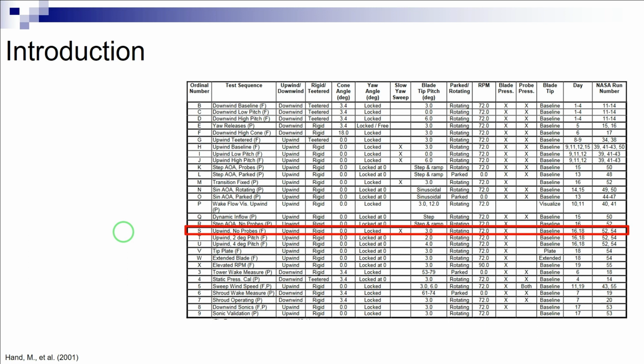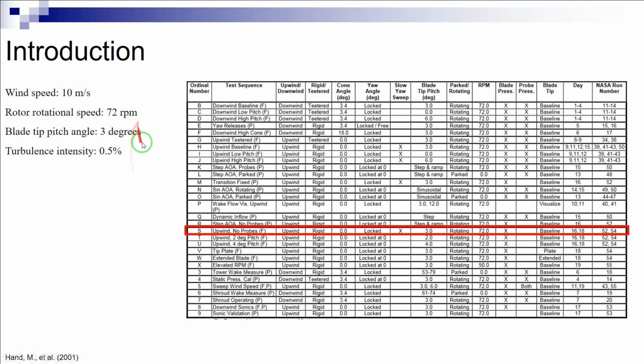The wind speed is considered as 10 meters per second. Also, the rotor rotational speed, blade tip pitch angle, and the turbulence intensity are kept constant and equal to 72 RPM, 3 degrees, and 0.5% respectively.